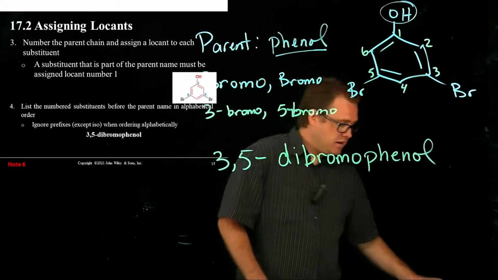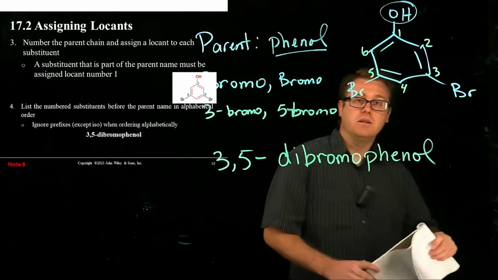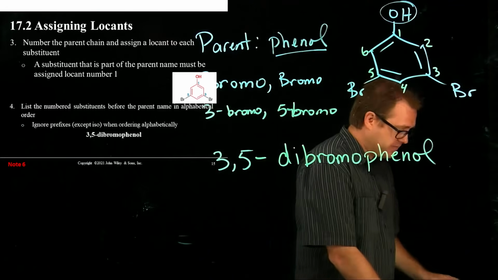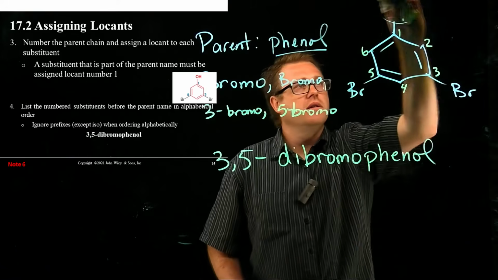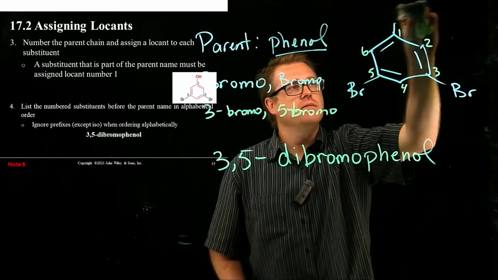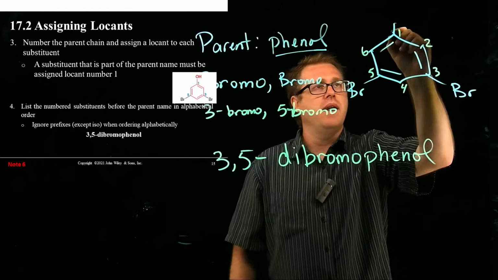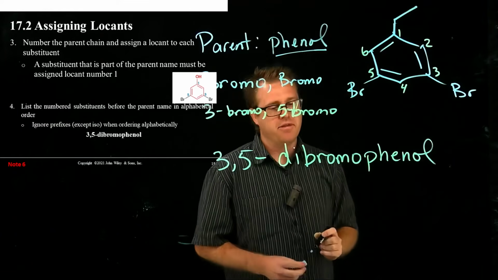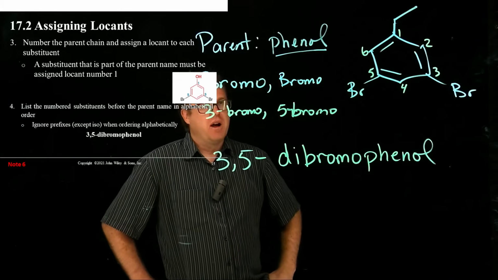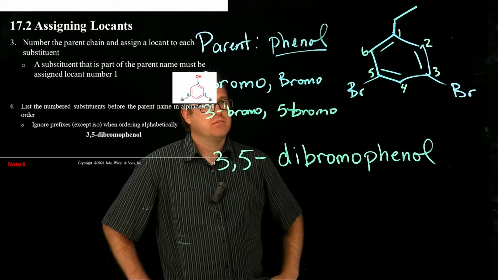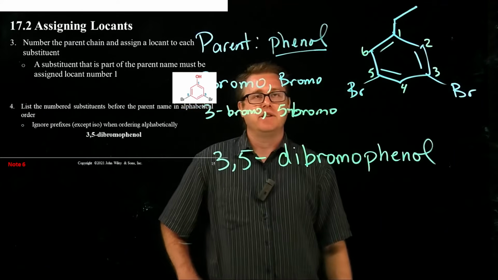Now, what if I change this up a bit? What if I took off the hydroxyl group and then put on an ethyl group? Now what is the name of this compound? What's the first thing that we need to do?